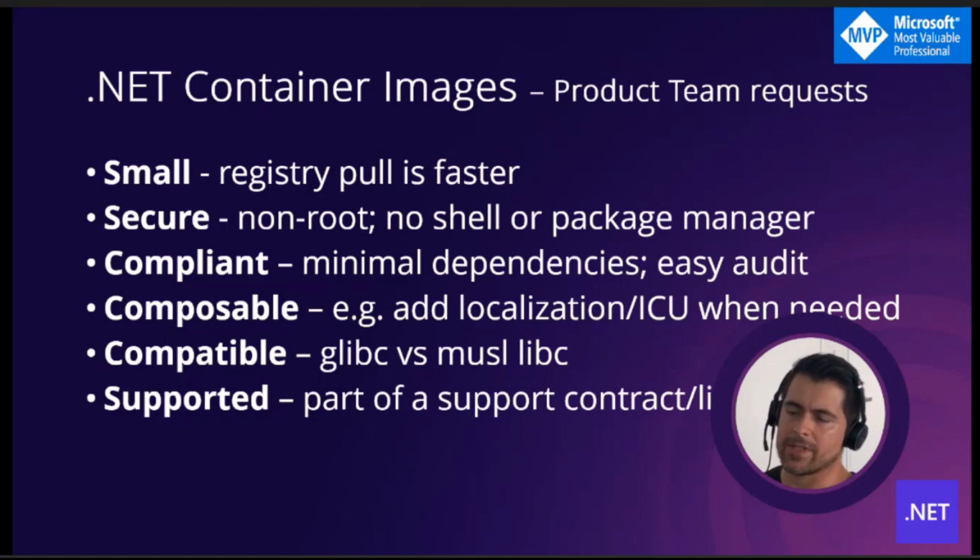Images also need to be composable, so you can apply your level of customization. You have the base image, but you can create your own images or layers on top of that. And it should be compatible also.